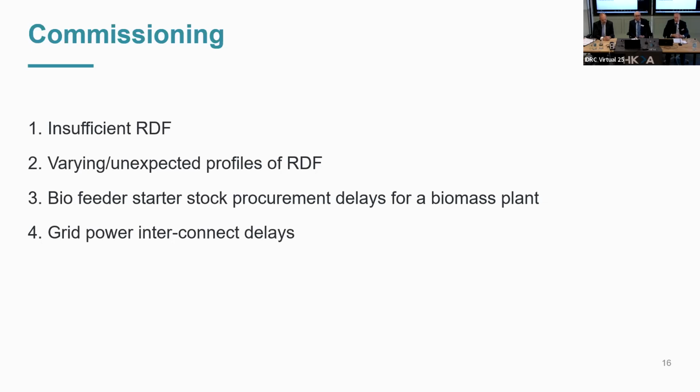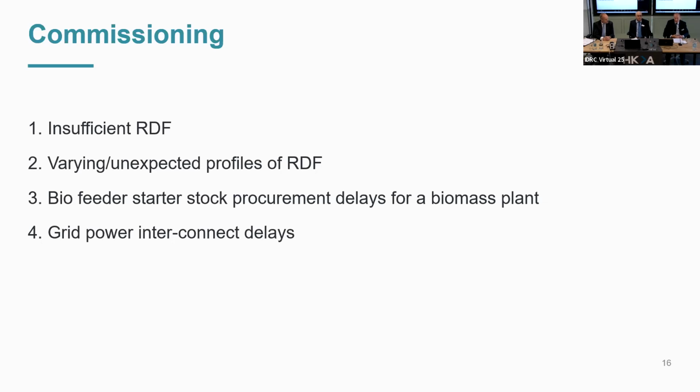And if you're starting a biomass plant with food waste, it can take a long time for that bacteria to start to build up and generate its own heat, and therefore produce the methane gas, which you're going to use for your generating process.